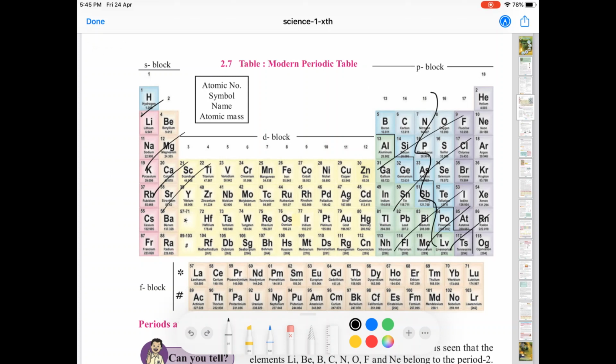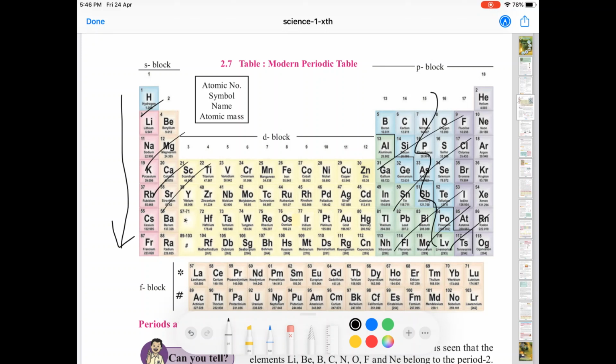So what can you tell about the groups? As we go down the groups, we already studied that the size of the atom increases, right? If the size of the atom is increasing, then obviously it is easy for the atom to donate electrons, because the size increases, the nuclear pull will be less, and with the increase in size and with the decrease in the nuclear pull, it is easy for the elements to donate electrons.